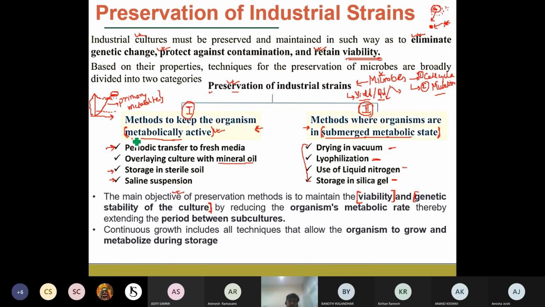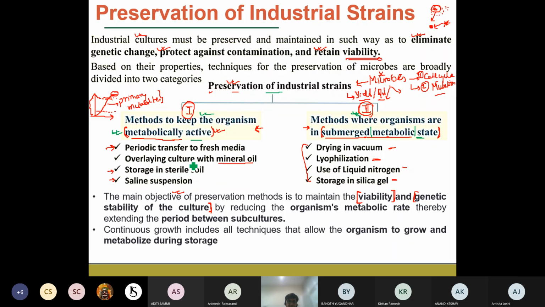It can be by keeping the metabolic activity in the active state, or by suspending the metabolic activity, where growth, cell division and all those things are stopped. There are two different approaches, to suspend the metabolic activity and to maintain it, in such a way that we can preserve the strains, right?